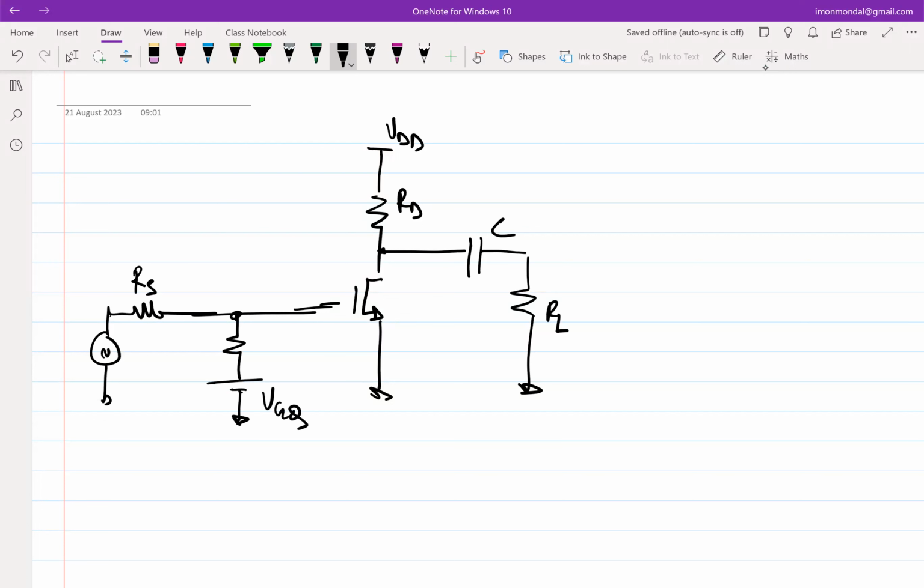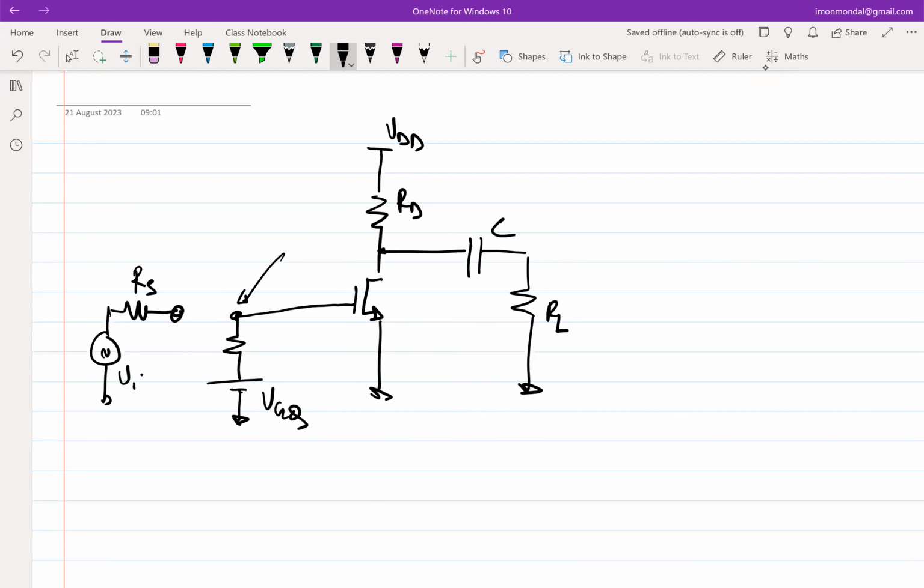Right, and we were discussing what will be the voltage here, and we agreed that we can apply superposition to find out what will be the total voltage there. And the conclusion that we had was that in the absence of this RS, in the absence of this contraption, this would have been fine because we are not drawing any current through VGQ, correct?